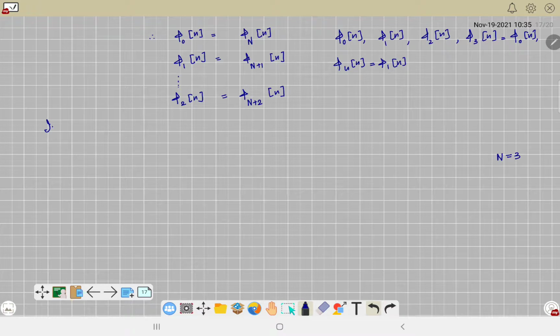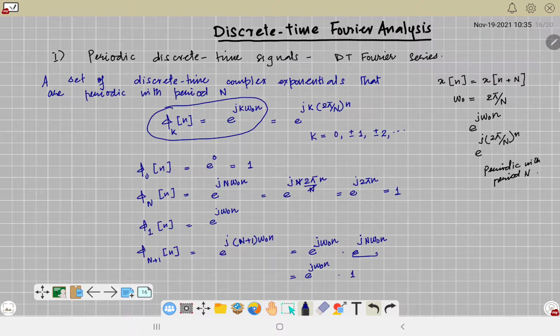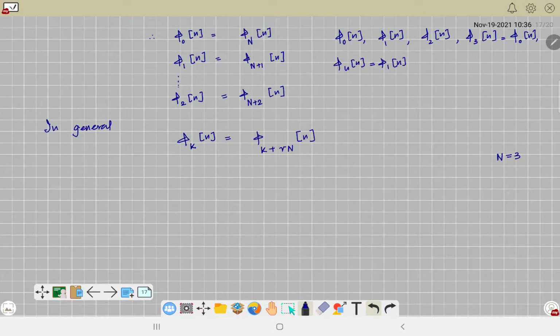So in general, I can say that phi k n is the same as phi k plus N n. That means the set of exponentials that we are defining using phi k n will repeat themselves, and the period of repetition will actually be the time period N. This is an important one.